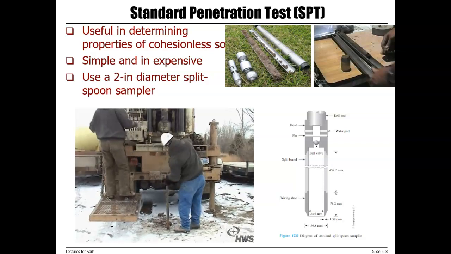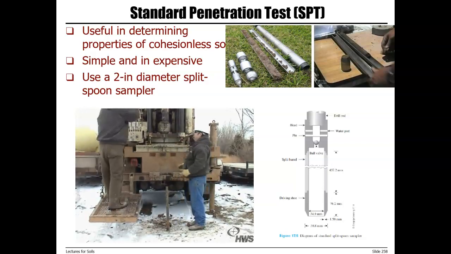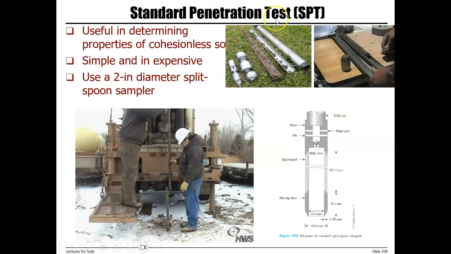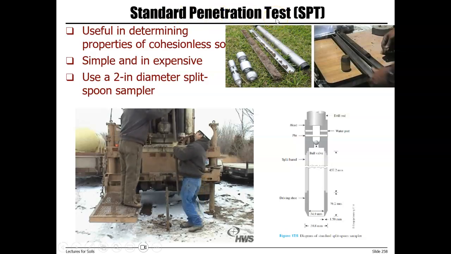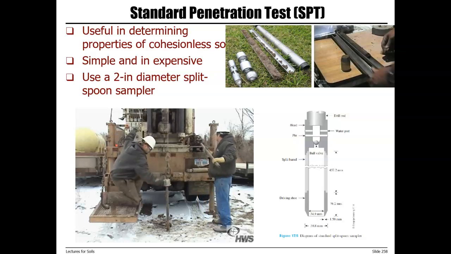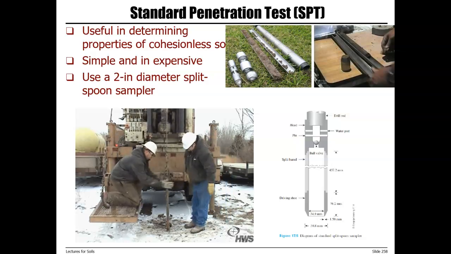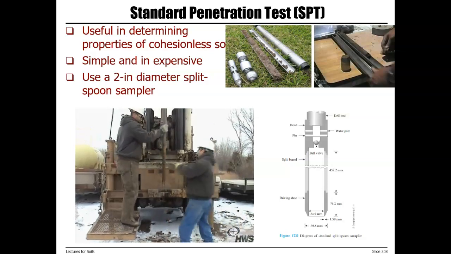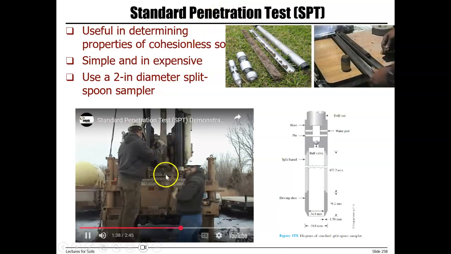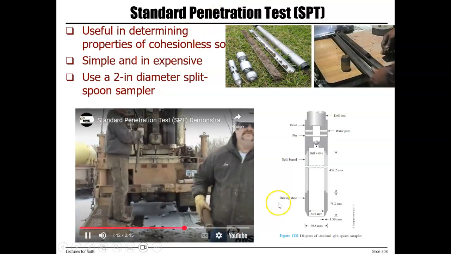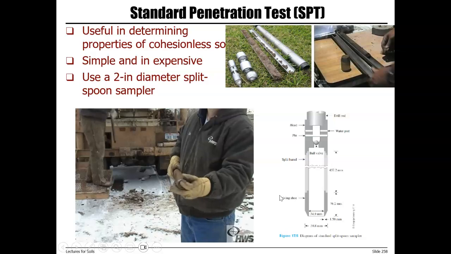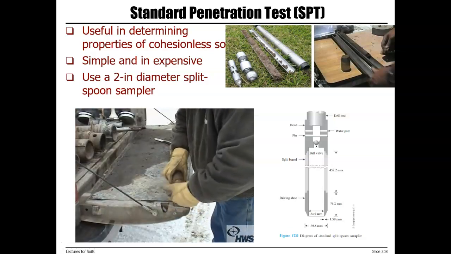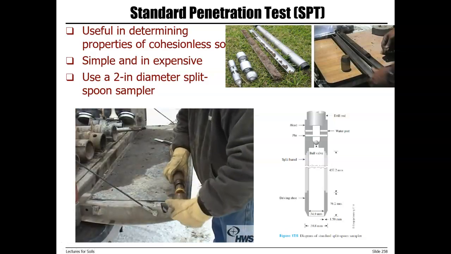And a main characteristic of SPT, the standard penetration test, is that it provides a soil sample for further laboratory testing. So, by performing the test, we can find the N value or SPT resistance value, but also using the split spoon sampler that you see in this video, it provides us with a soil sample for further laboratory tests.